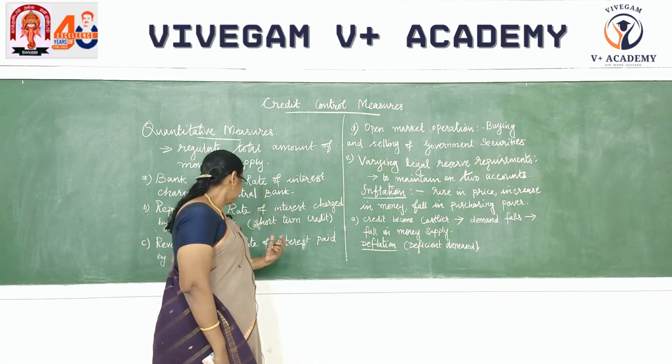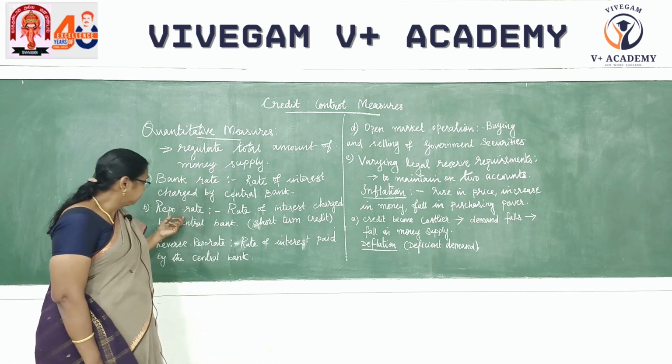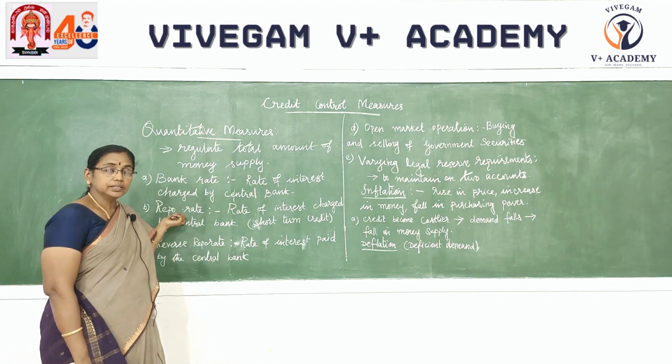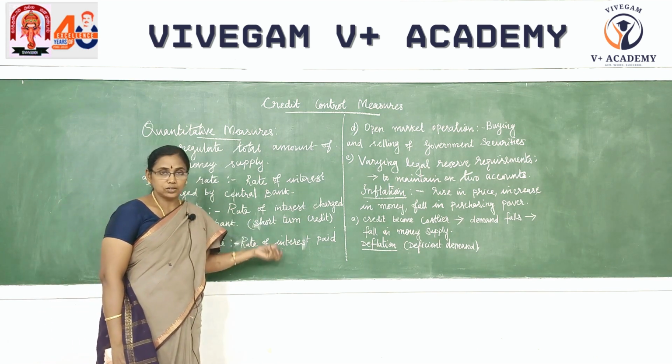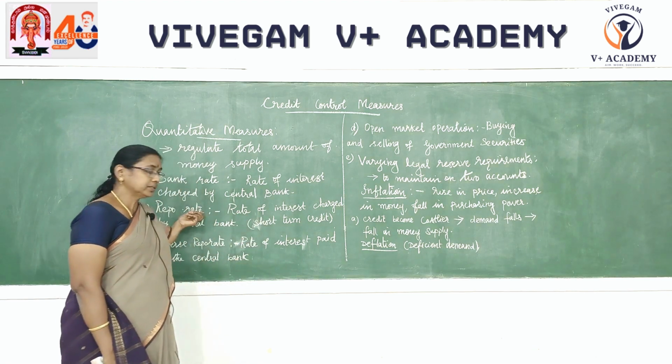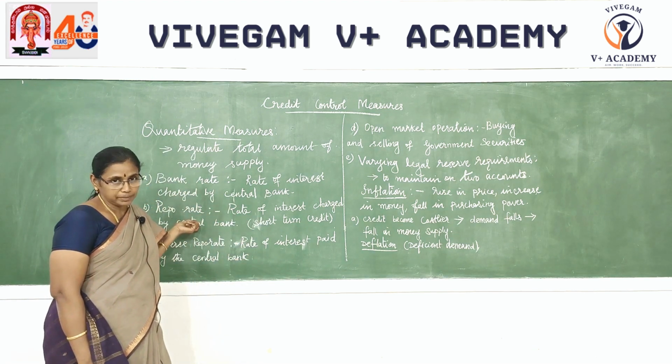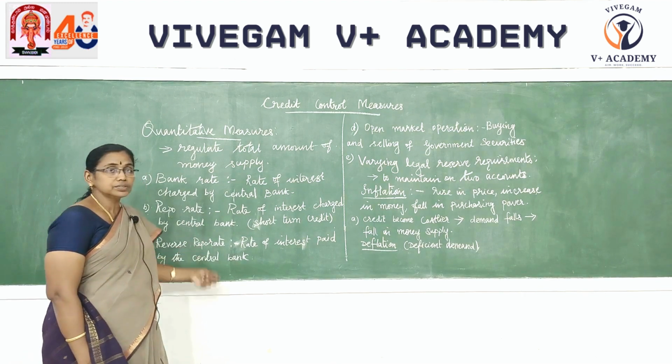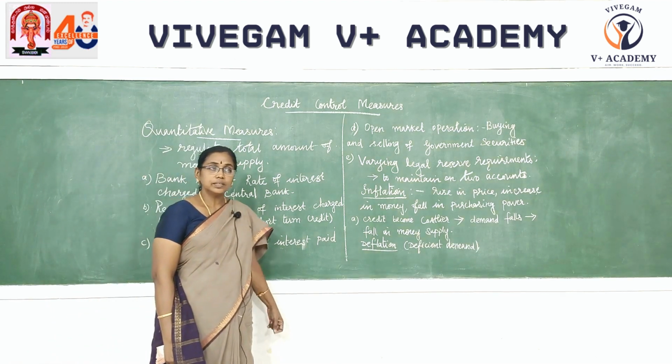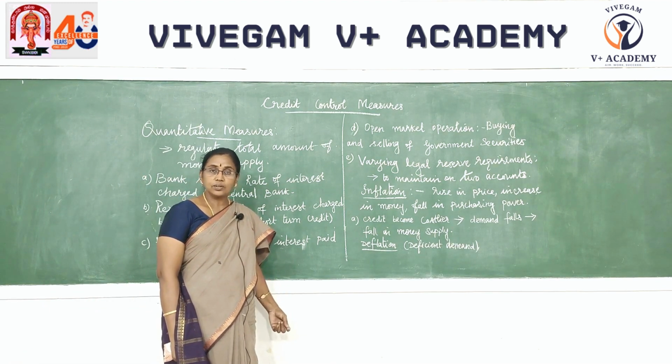In the same way, they will increase the repo rate. Here also the same change will happen in the economy, because here also the rate of interest is paid by the commercial bank. The next one is reverse repo rate. What do you expect? Will the central bank increase or decrease it?